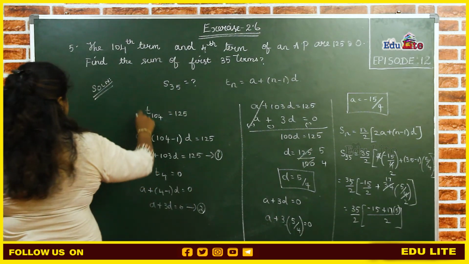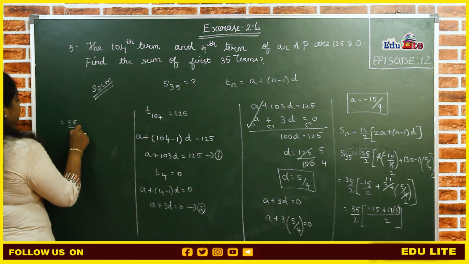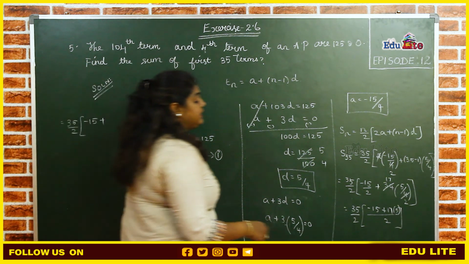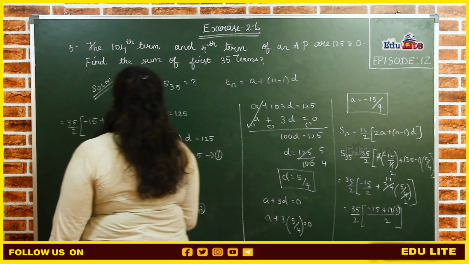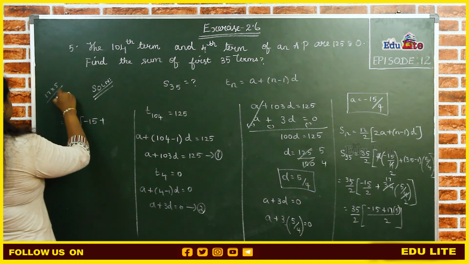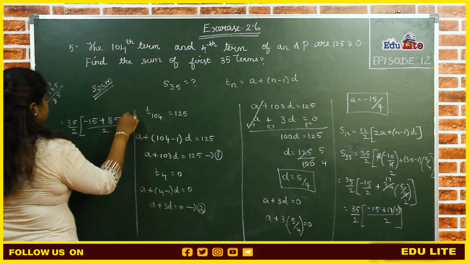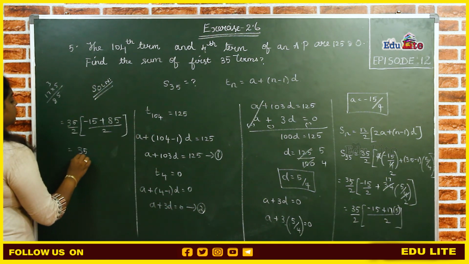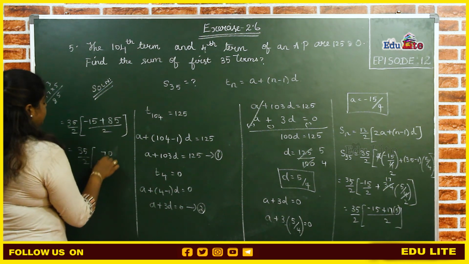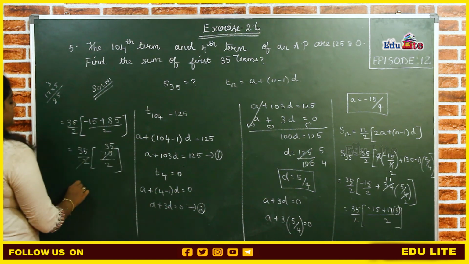So 35 by 2 into minus 15 plus 17 into 5 by 2. So 17 into 5 is 85. So 85 by 2. So 35 by 2 into 85 minus 15, it will give me 70 by 2, 35.